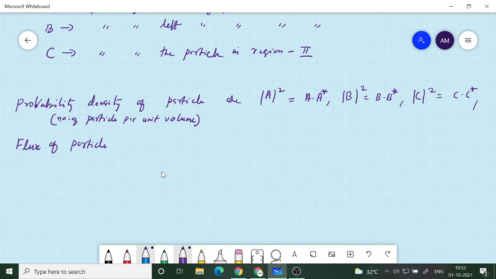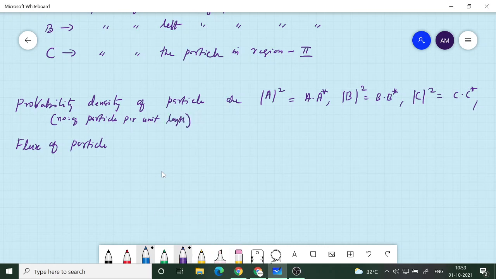So in 1D it is like, per unit length, how much probability is there to find the particle there. So it's a number per unit length. Okay, in general it is per unit volume, but in a 1D problem it is per unit length. That's what we mean by density. So when you multiply it with dx, you get the actual probability.